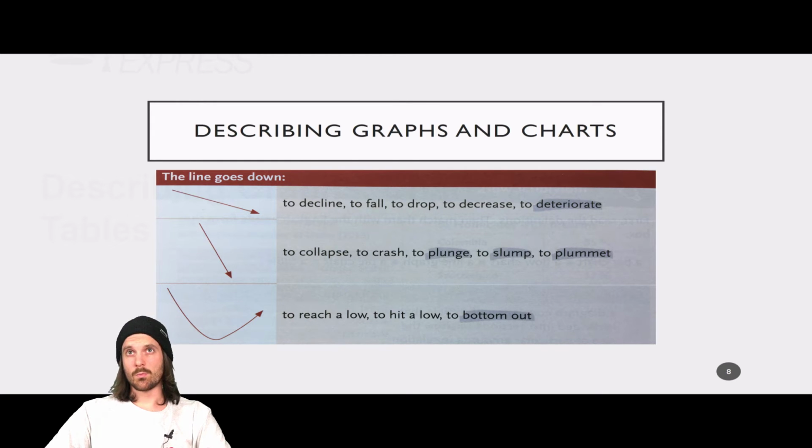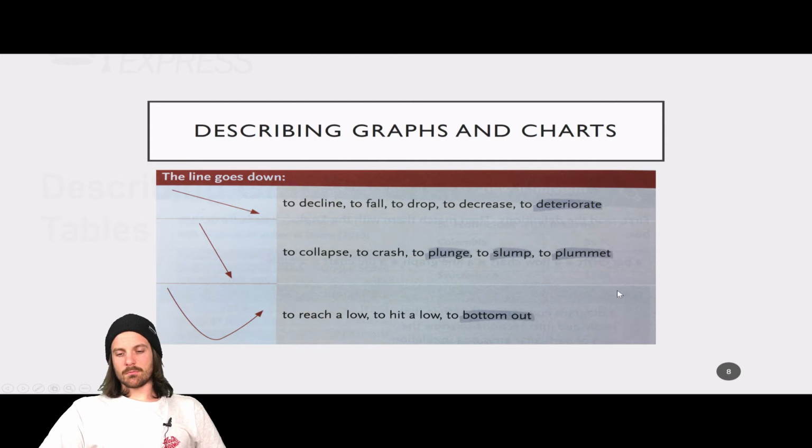If it is a faster decline, you can use to plunge, slump, or plummet. Of course, to crash and collapse is also possible. I think these that are marked here or highlighted in gray, those are the ones that are more difficult and a bit nicer to use.